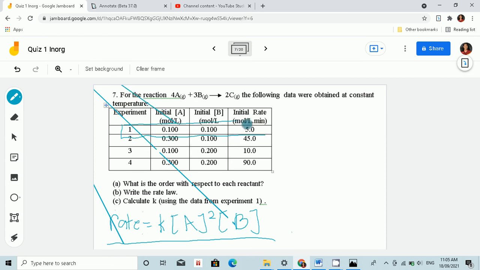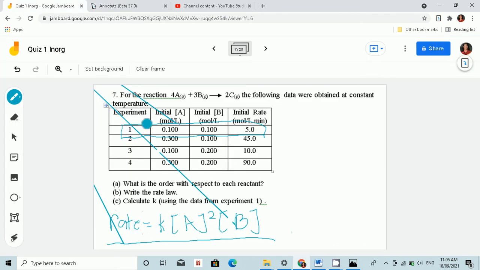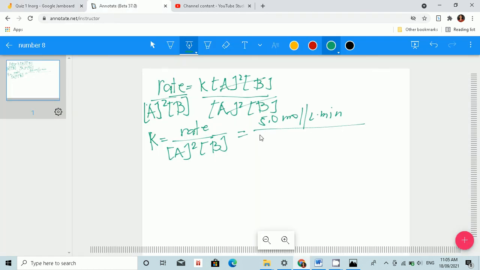In experiment 1, we have the rate, which is 5.0 mole per liter minute, over A, which is 0.100, and B, which is 0.100 mole per liter, times this squared, 0.100 mole per liter.